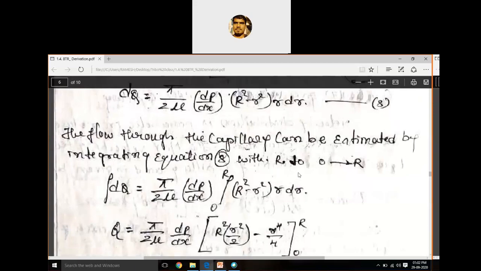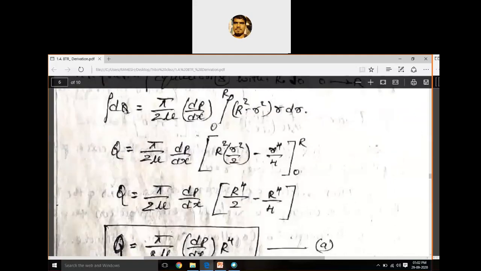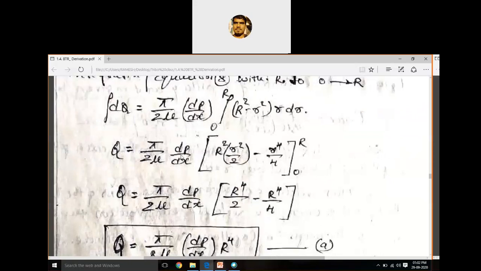So if you apply the integration with respect to the limits 0 to R, where 0 is small r equal to 0 and small r equal to capital R, meaning velocity is maximum to minimum, here 0 to R. So integration dQ is equal to pi by 2 mu dp by dx, here 0 to R integration (R square minus small r square) into r into dr. Here, if you integrate, it becomes Q, and take out the common pi by 2 mu dp by dx.